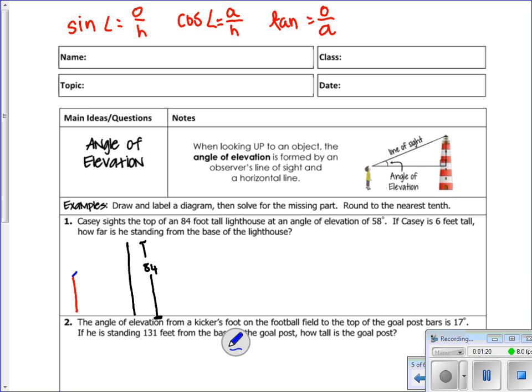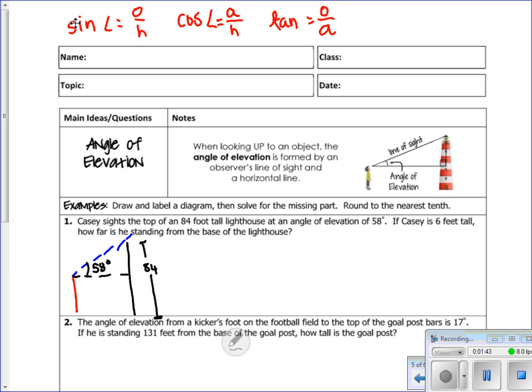So I'm going to create this angle to the top of the lighthouse, right? So the kid's looking up, all right? And this angle here, I'm gonna go straight across. So this angle right here is 58 degrees.